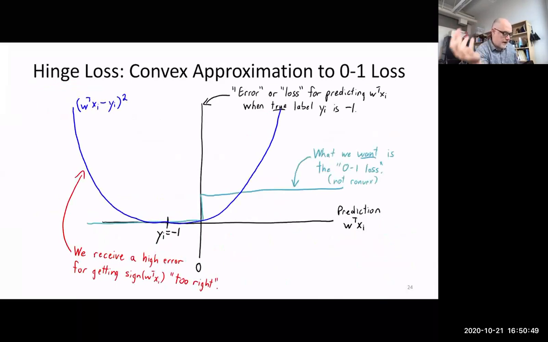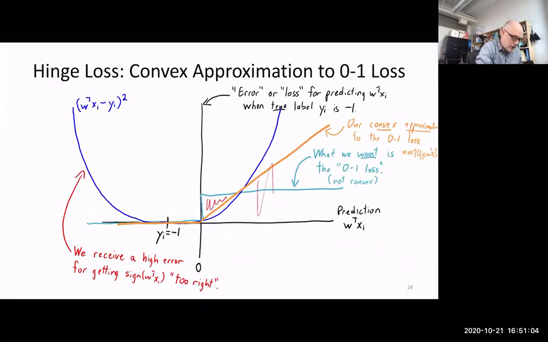Okay, so we have the quadratic loss that we talked about. We want the 0-1 loss, and the function that we just wrote down is the Hinge loss, a convex approximation to the 0-1 loss. So it penalizes less here and more here, but correctly, it does not penalize over here.